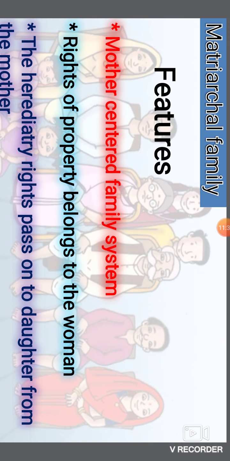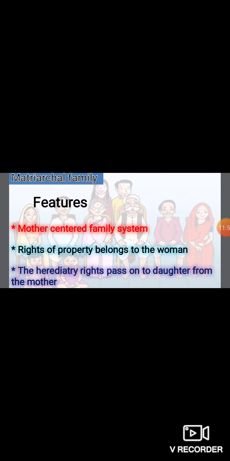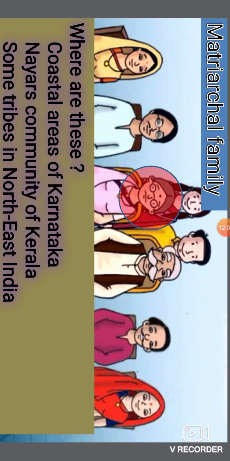The matriarchal families are mother-centered families in the system. Second, the right to property belongs to the woman, and hereditary rights pass on to the daughter from the mother. So we have to see where we can find these matriarchal families.